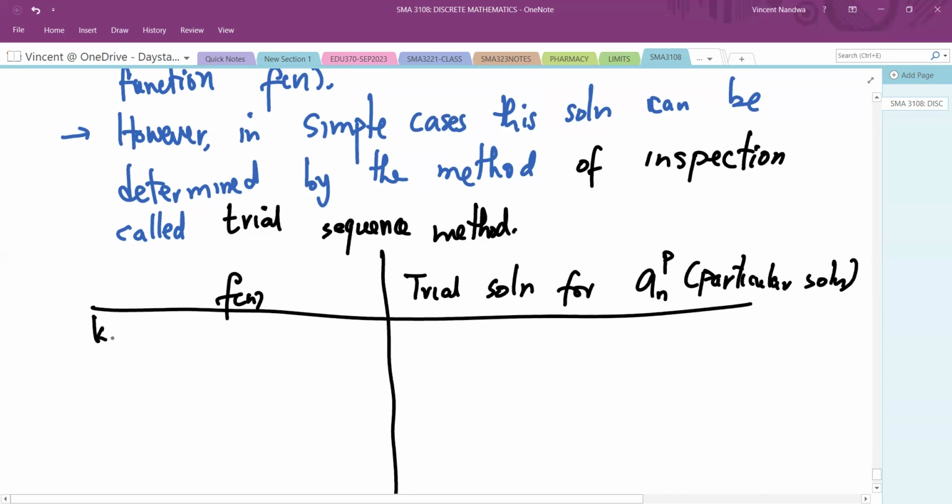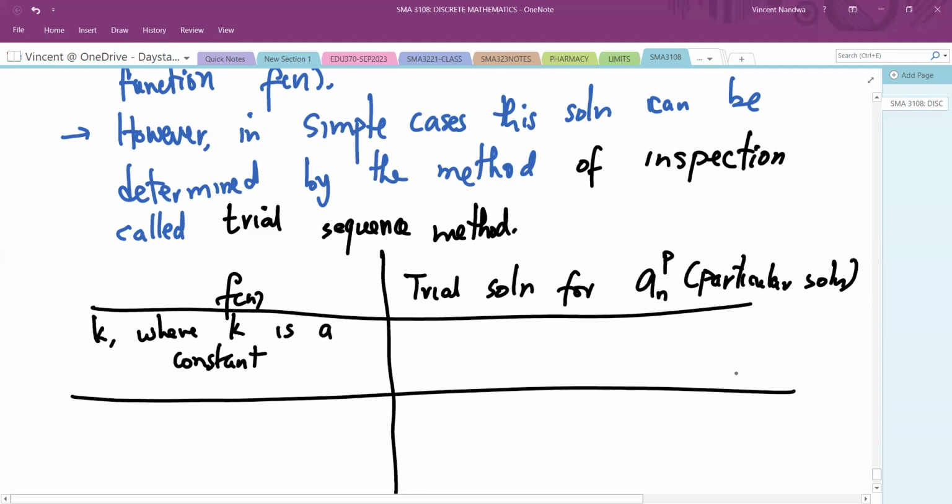So we can have f(n) to be just a constant. When the right-hand side of star is a constant, then the guess of the particular solution is just another constant.